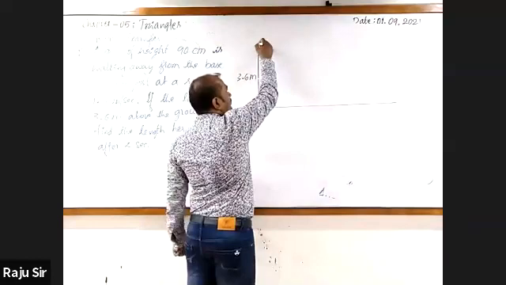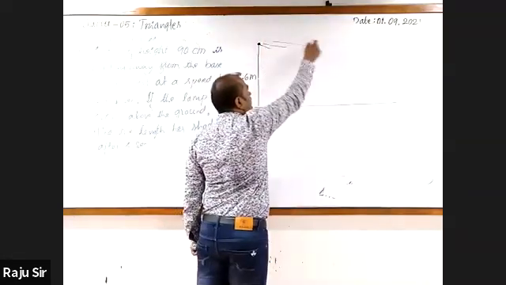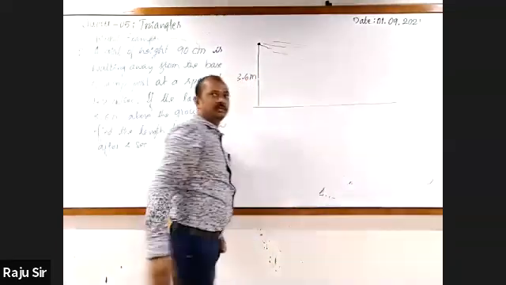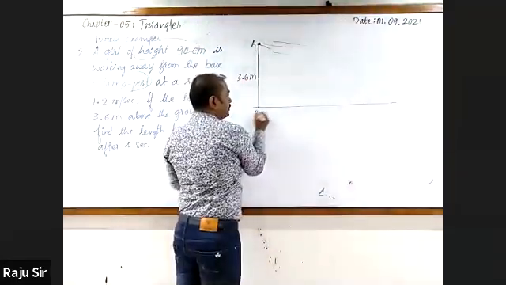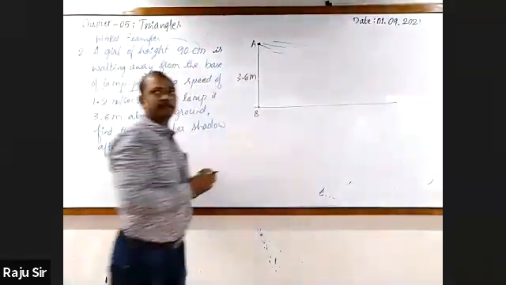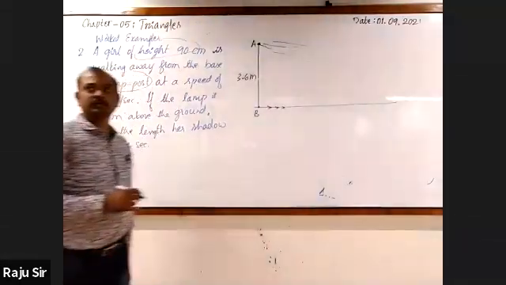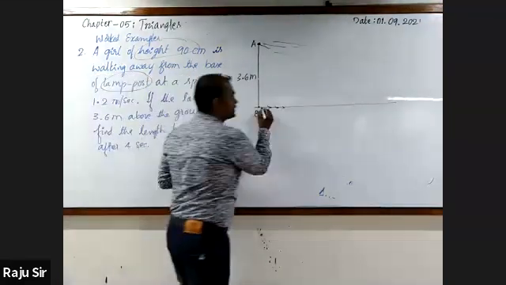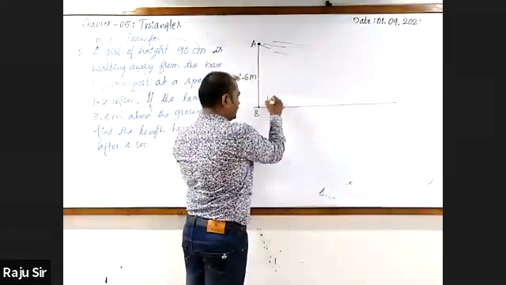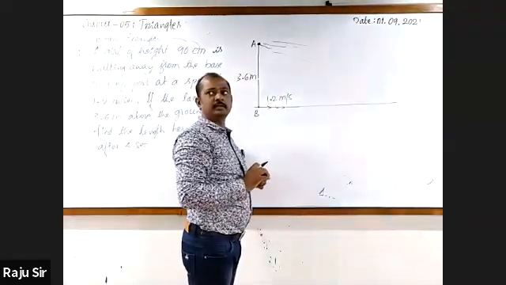The light is here and we know that light is falling in this direction. And this is the base of the lamp post. B is the base of the lamp post. From here, she starts walking with a speed of 1.2 meter per second.